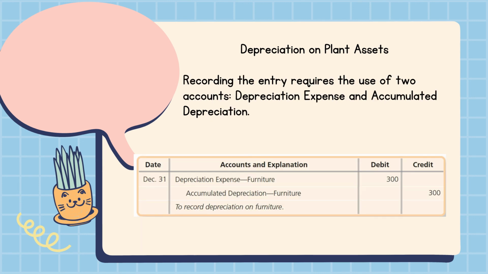Now the adjusting entry will be, as we said earlier, that I need to debit an expense account and I need to decrease an asset on the credit side. So here it's depreciation expense, to decrease the equity, and on the credit side we have accumulated depreciation. I cannot credit furniture because if I credit furniture it means it's sold.